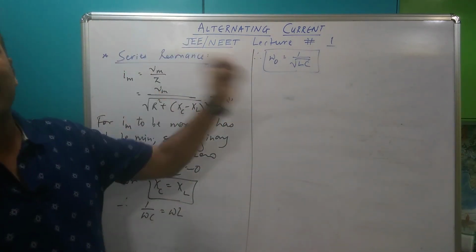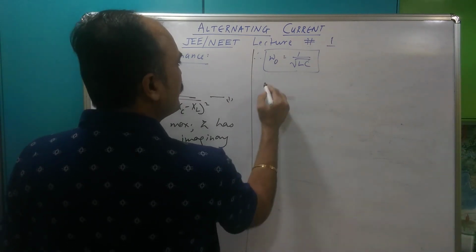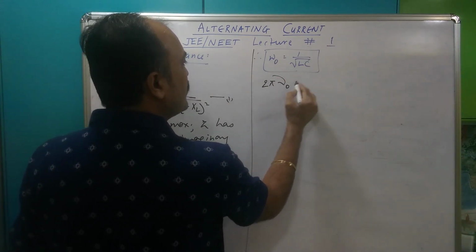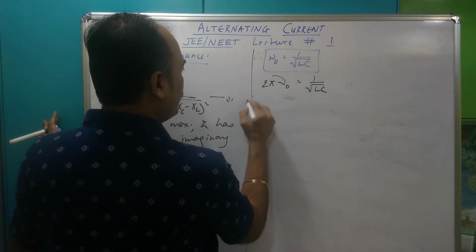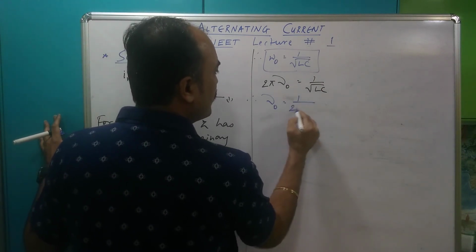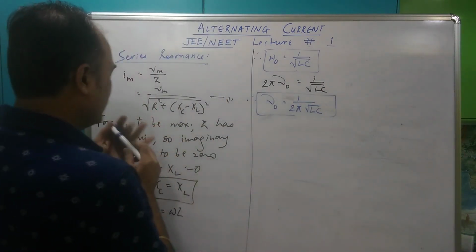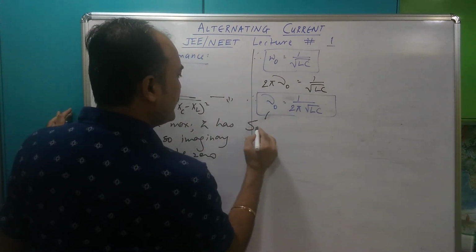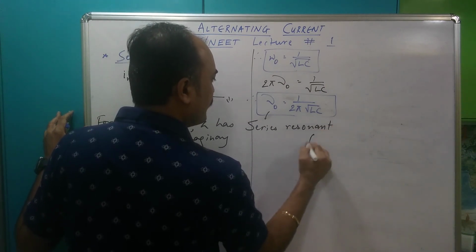Omega 0 is called resonant angular frequency, and by the very same terminology, omega 0 is 2 pi nu 0, 1 by root LC. This gives me nu 0, series resonant frequency, 1 by 2 pi root of LC. So this is what we call the series resonant frequency.